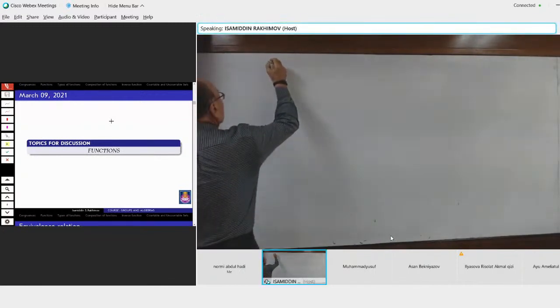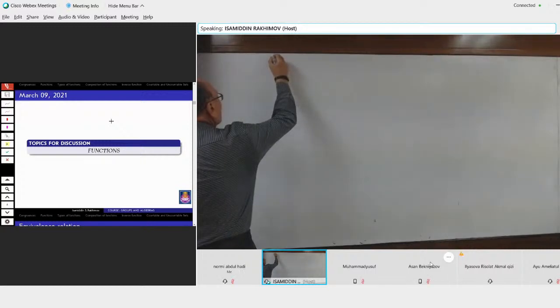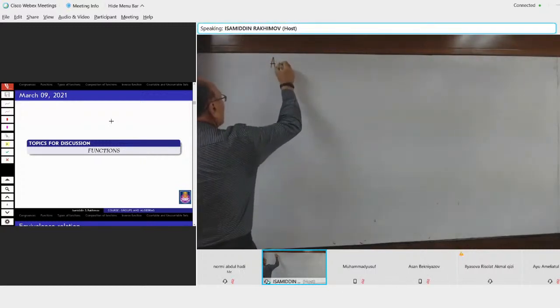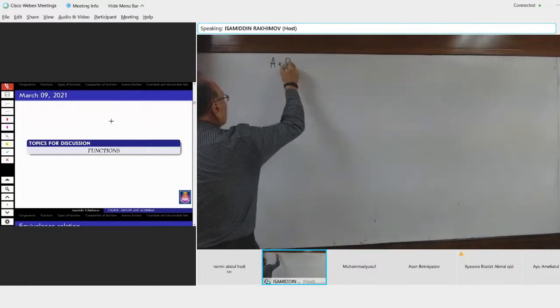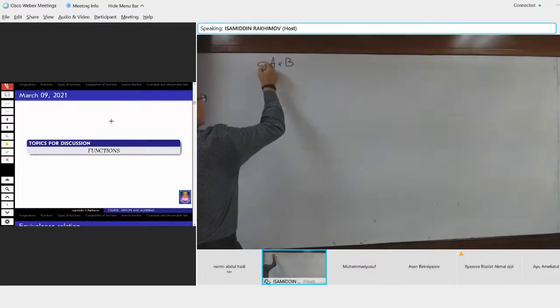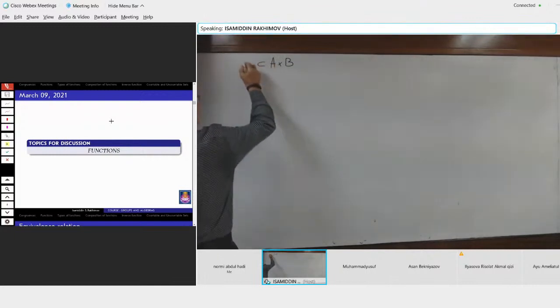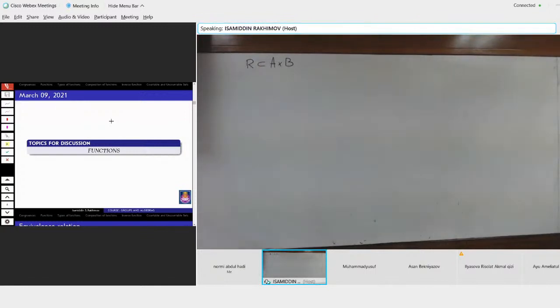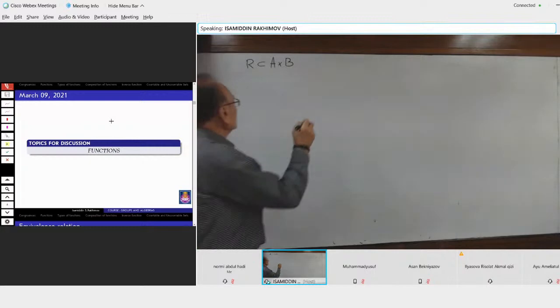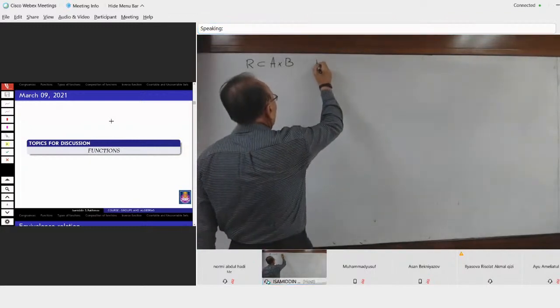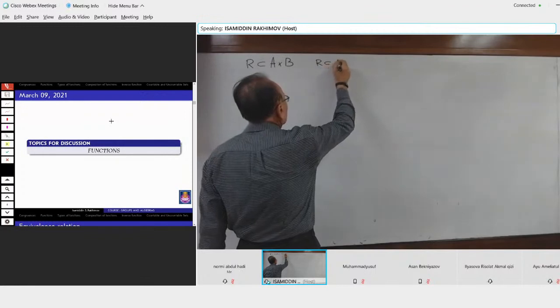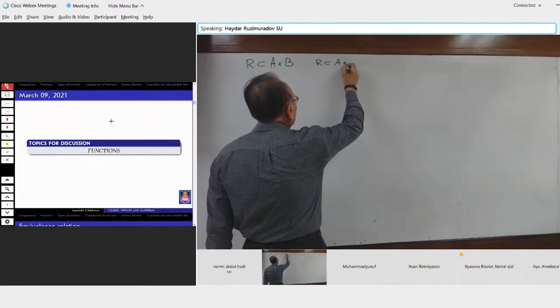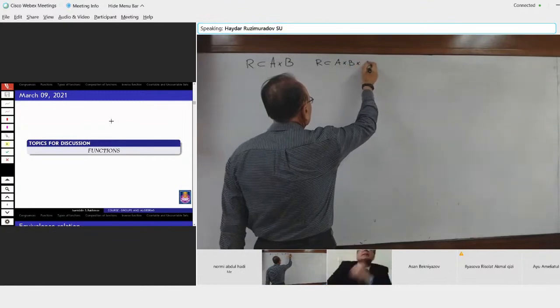So we had two non-empty sets. One of them is A, another one is B. Then any subset R of this cross product gives us a relation on this set A cross B, or from A to B. So you may have three sets, R as a subset of A cross B cross C, say.